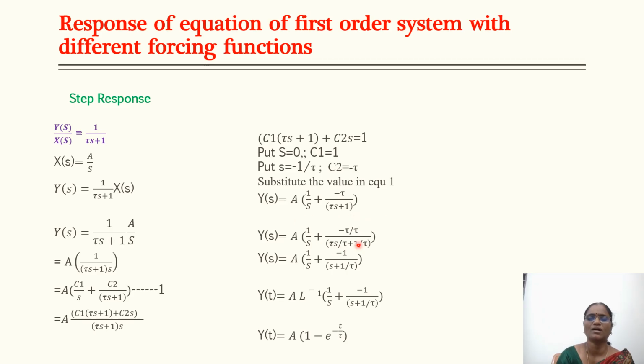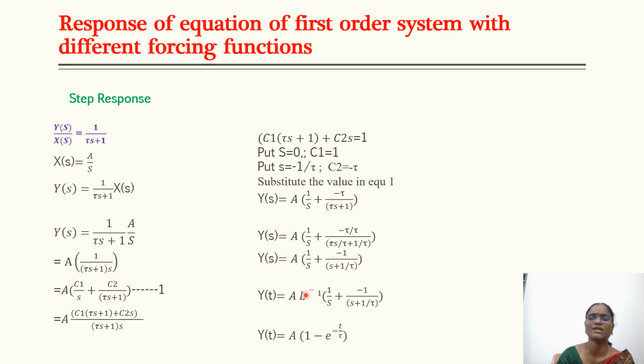Now in this equation, we want to take the Laplace inverse. Before taking the Laplace inverse of anything, it should be compared with the standard form. We have the Laplace inverse for 1 upon s, and for 1 upon s plus something. In order to remove the coefficient of s, divide both numerator and denominator by tau, and you will get the form like that.